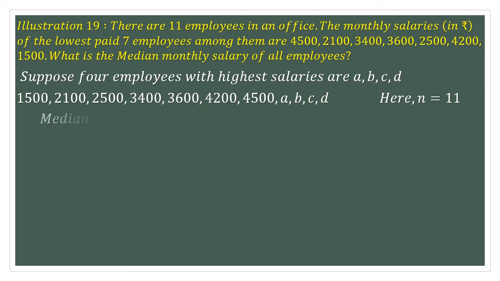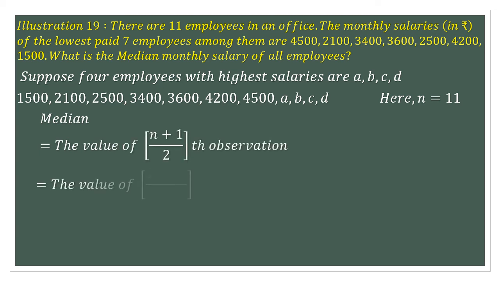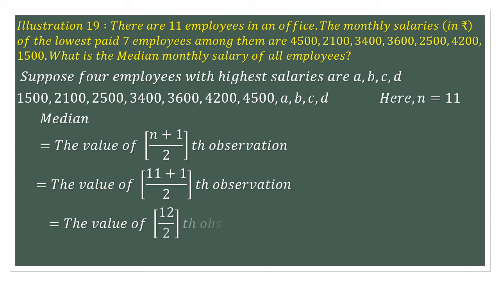Now we will use our regular formula of median here, the value of the (n plus 1) upon 2th observation. That would be 11 plus 1 upon 2, that is 12 upon 2th observation, which is the 6th observation here. So as you can see, the remaining A, B, C, D do not matter, we just need the 6th observation, which would be 1, 2, 3, 4, 5 and 6, 4200.